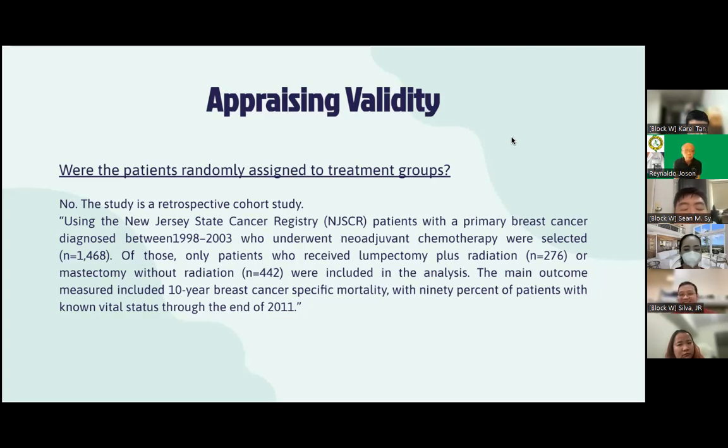In fact, the study was based on the New Jersey State Cancer Registry with patients with a primary breast cancer diagnosed between 1998 and 2003. And yun po, because of the nature of the study and because they used a database search, they were not able to use randomization. Next slide, please.